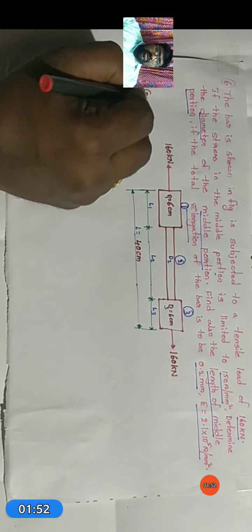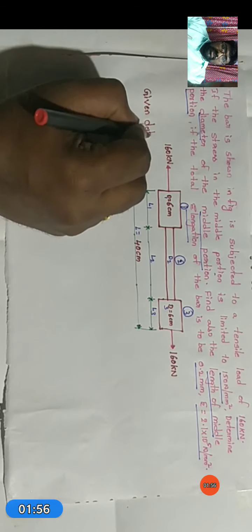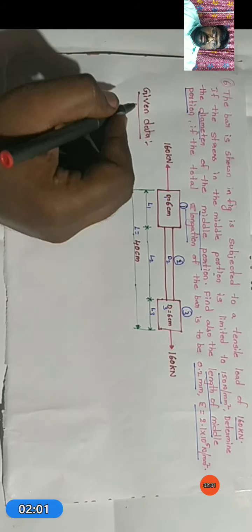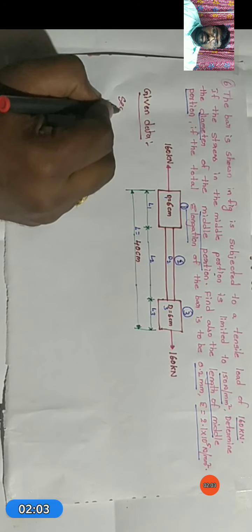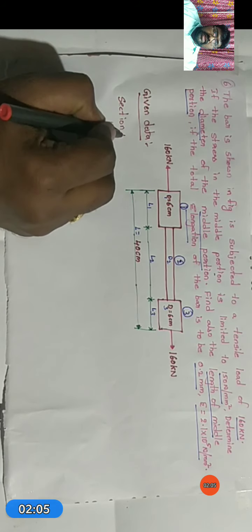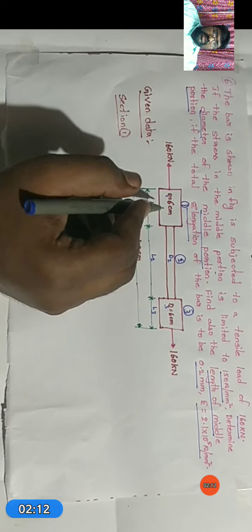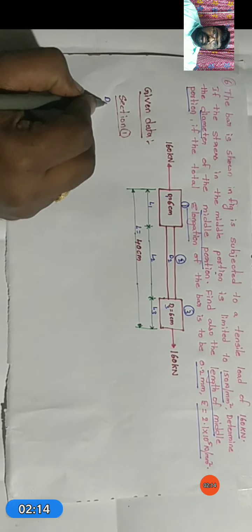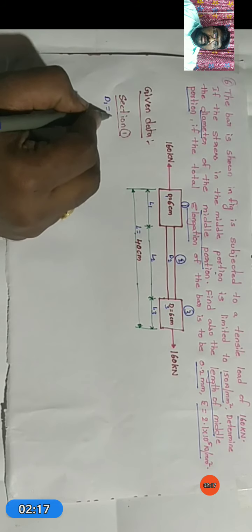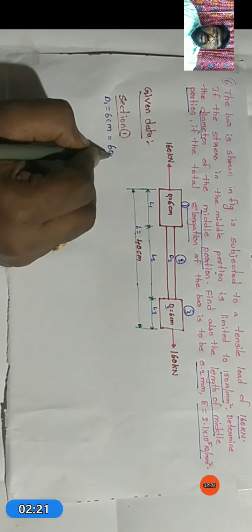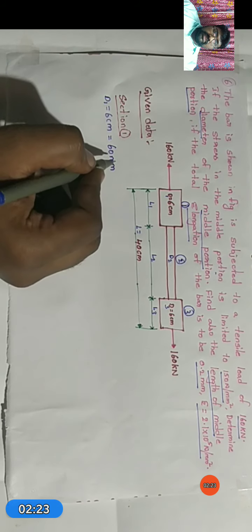Next, note down the given data. Consider section 1. In this section 1 the given diameter is 6 centimeters. Convert into millimeters, 60 millimeters.